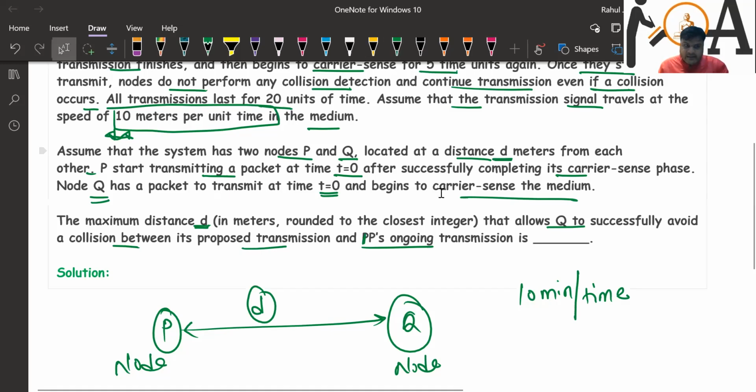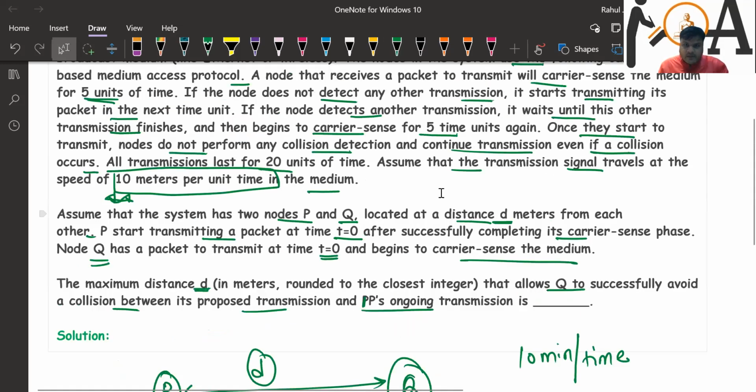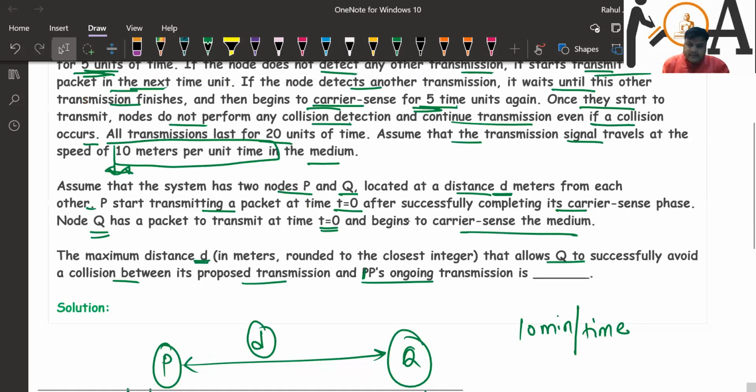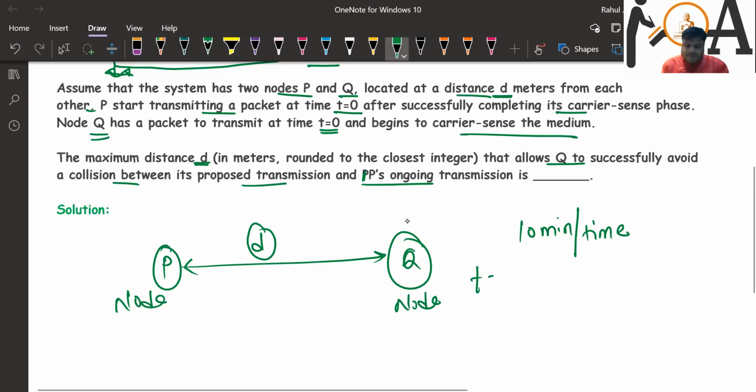What data can we take here? You can simply see that Q senses for 5 units, right? It starts transmitting its packet in the next time unit, but before that, a node that receives a packet to transmit will carrier sense the medium for 5 units of time. Basically at t equals 0, nothing is there, but until t equals 5 it's sensing.